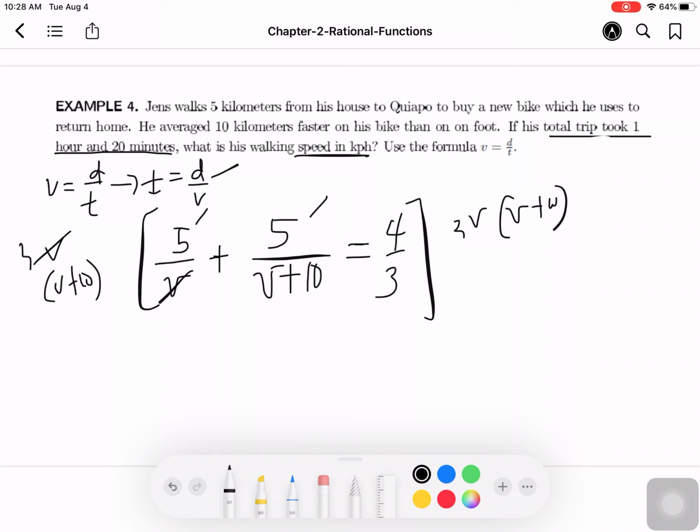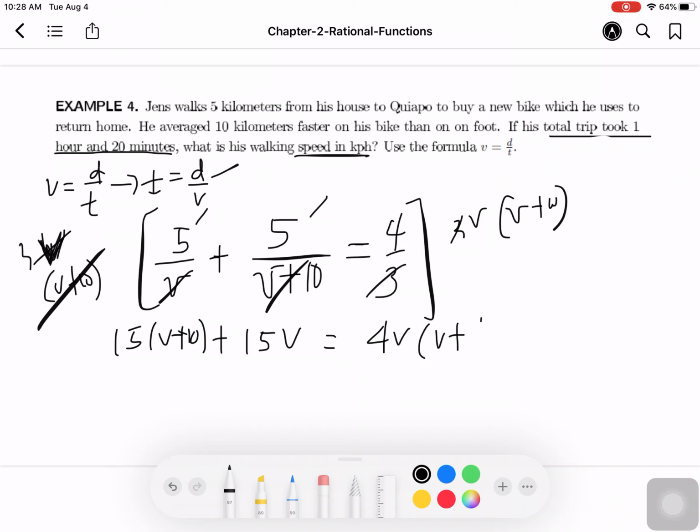So cancel. So we have 15 times V plus 10. 15 because 3 times 5. Plus, V plus 10 cancels, so 3V. So this is not canceled for the second part. 3V times 5 is 15V. And for this part, 3 cancels. So we have 4V times V plus 10.